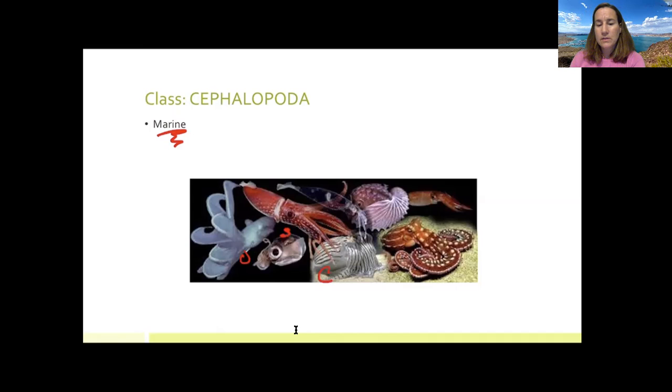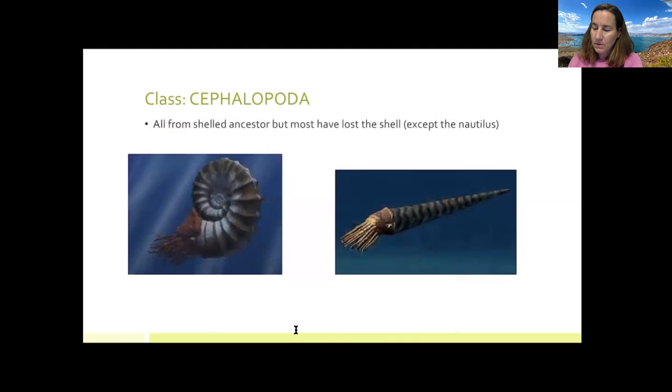They are going to be the group that has lost the shell and turned it into the pen inside. They don't have an external shell, so they're pretty squishy. Again, most have lost their shell, except for the nautilus. Nautilus kept its shell.